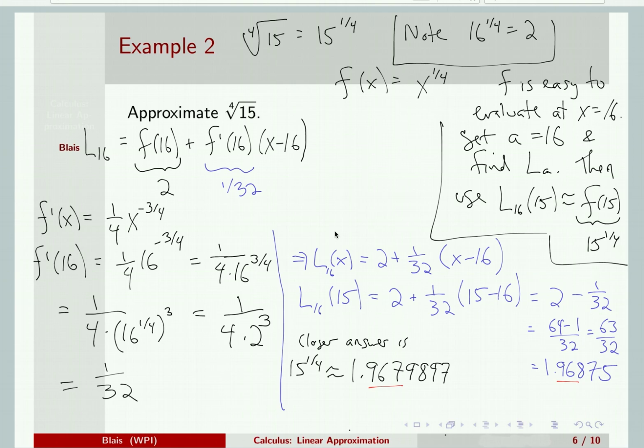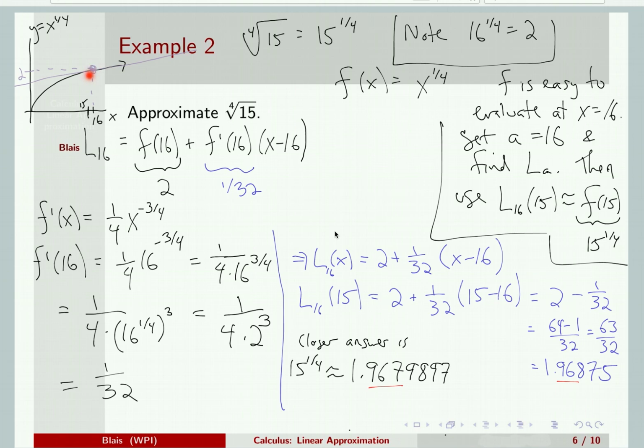And if we wanted to look at the picture of what we just did, the function x to the 1/4 is something like this, and we built the linear approximation, aka the tangent line, here at this point, which was the point 16, 2, and then we went and evaluated that right nearby at 15.